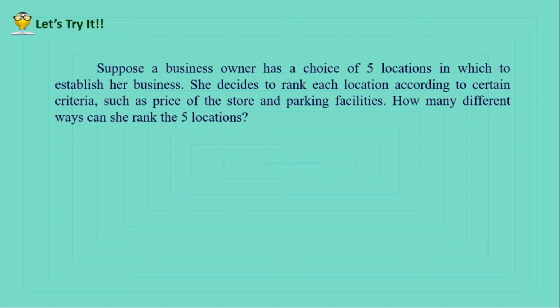How many different ways can she rank the 5 locations? 5 locations were taken and then arranged in order. Hence, n is 5 and our r is also 5.